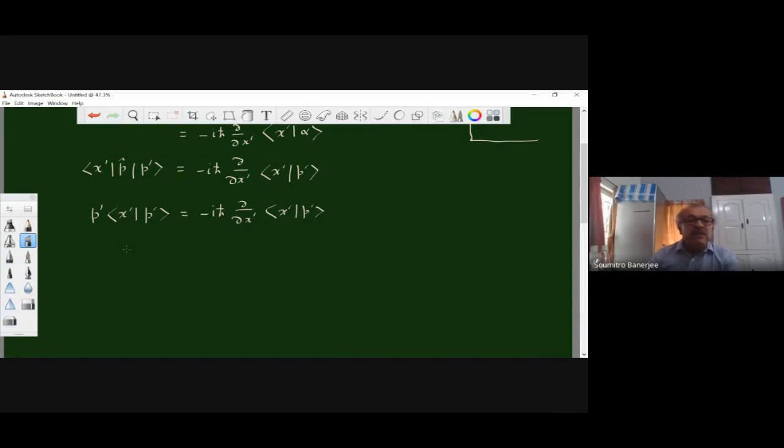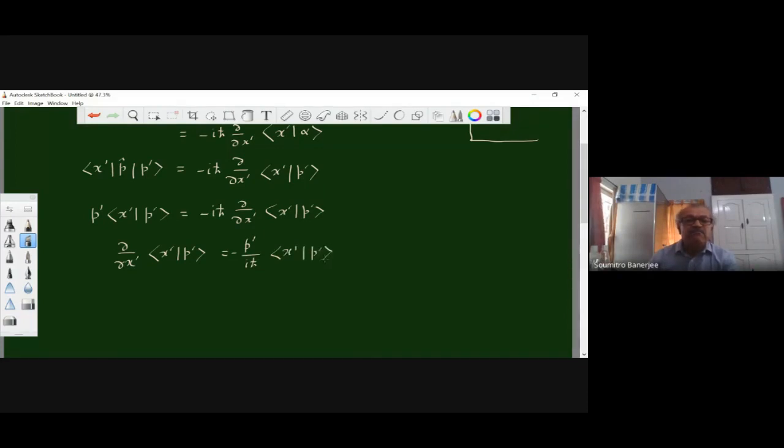Let us write it properly. It is derivative of ⟨x'|p'⟩ is equal to p' here, and this minus i ħ will go downstairs, times ⟨x'|p'⟩.